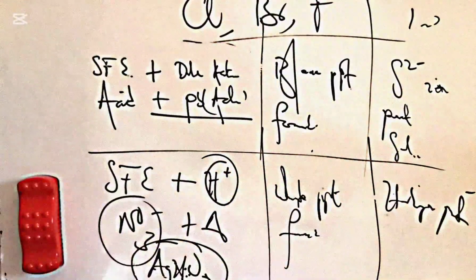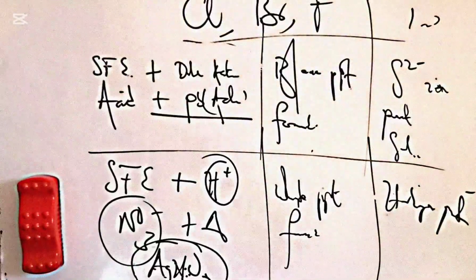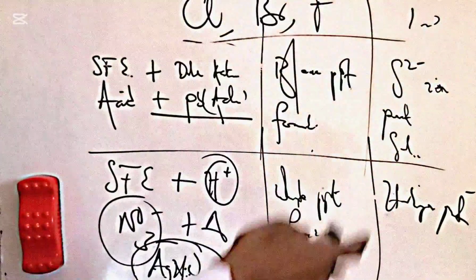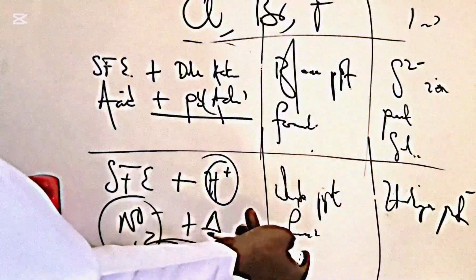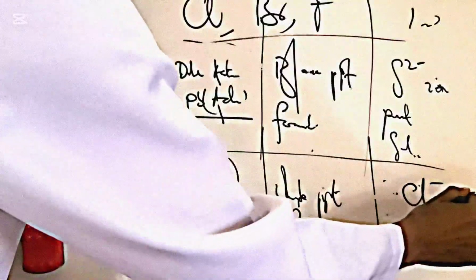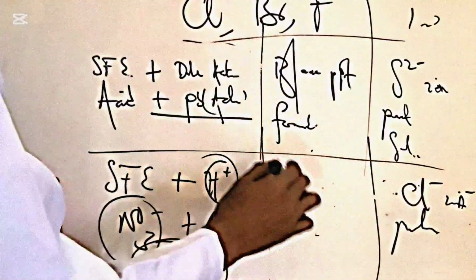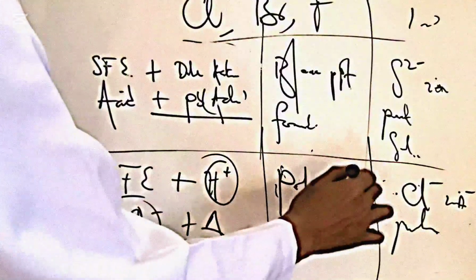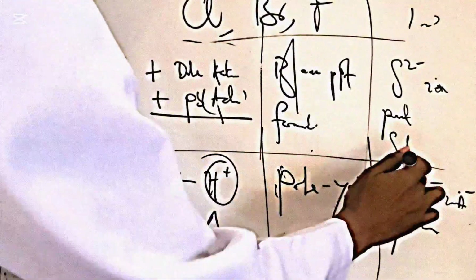Yes, I know chlorine is a halogen, but which of the halogens, you have to state if it is chloride, bromine, by their color. This is white precipitate. So if it is white precipitate, then that means this is chloride ion present. If it is pale yellow precipitate you observed, that means this is what?